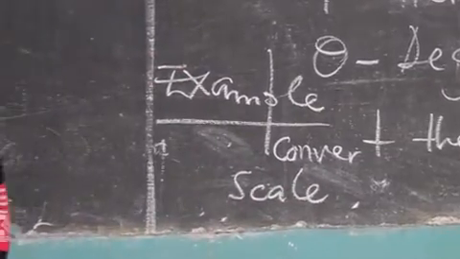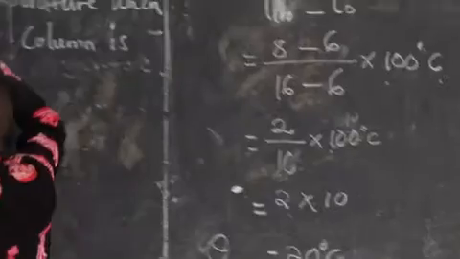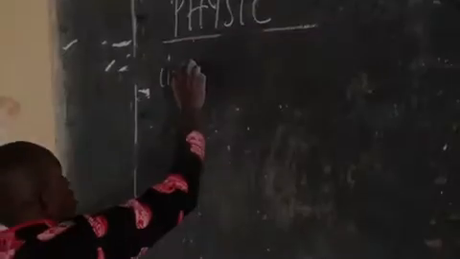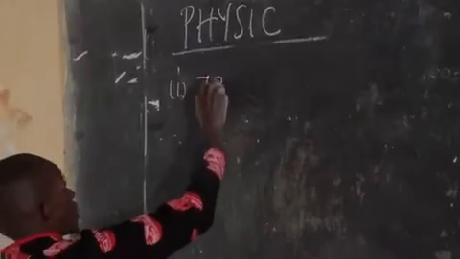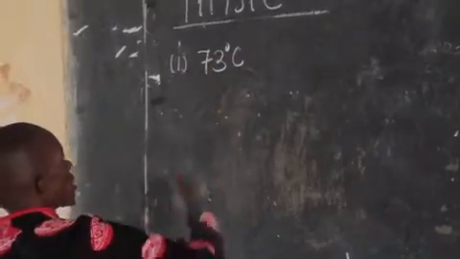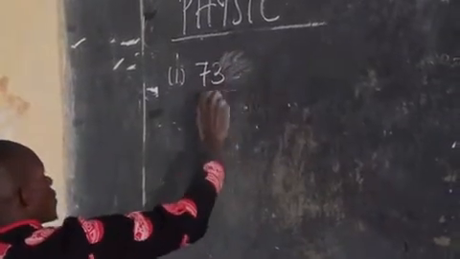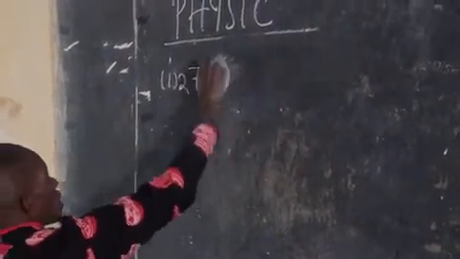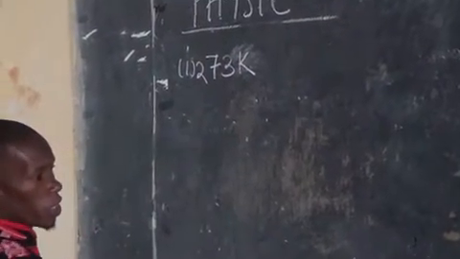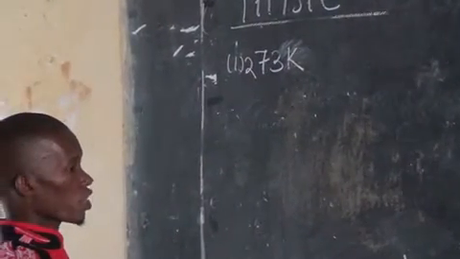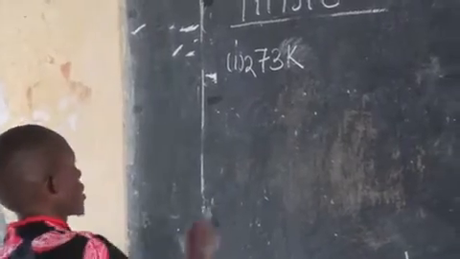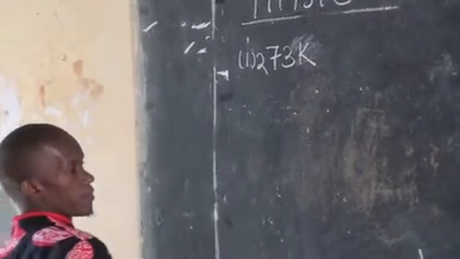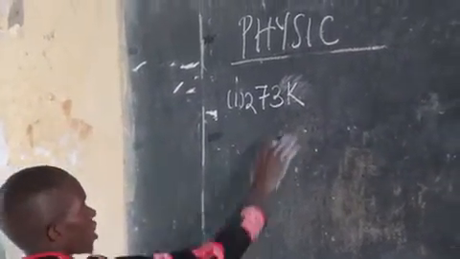Roman 1, degrees Celsius. Roman 2, because we are going to convert the following to the Celsius scale. This one is in Kelvin, so we are going to convert to Celsius.